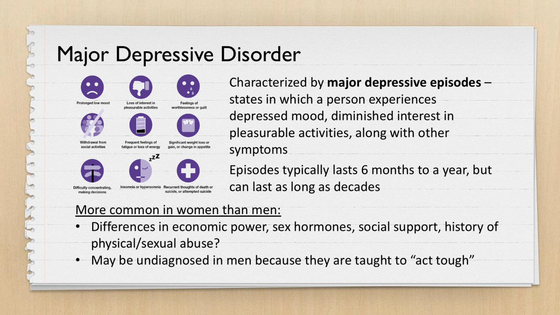It may be due to differences in economic power, sex hormones, social support, and history of sexual and physical abuse. It may also be due to being undiagnosed in men, because men are taught to act tough. Men are less likely to go to mental health professionals for help.